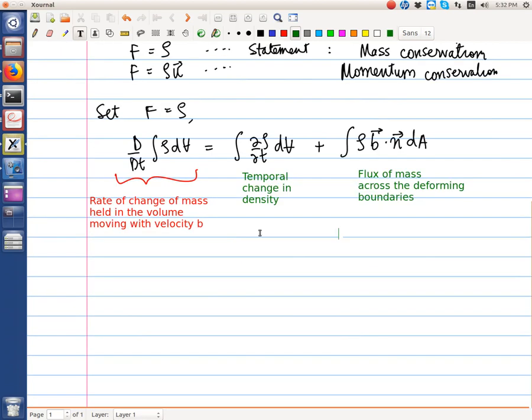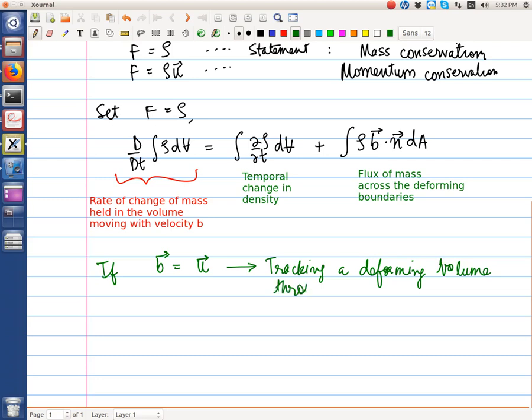Proceeding, if we choose b equal to u, then essentially we are tracking a deforming volume through the fluid, a deforming volume moving with the fluid velocity.